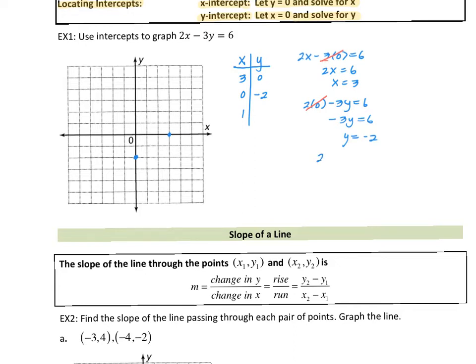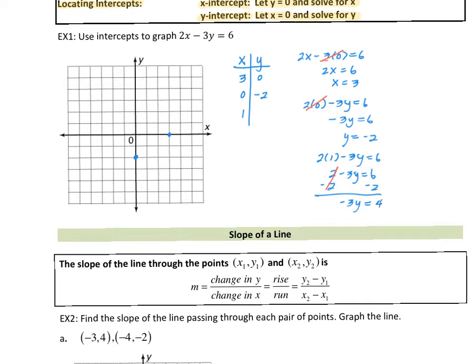And I'll get 2 times 1 minus 3y is equal to 6. 2 minus 3y equal to 6. And if I subtract 2 from both sides, then the 2's are gone. This is simply negative 3y equal to, remember we're subtracting 2, so this is going to be a positive 4.